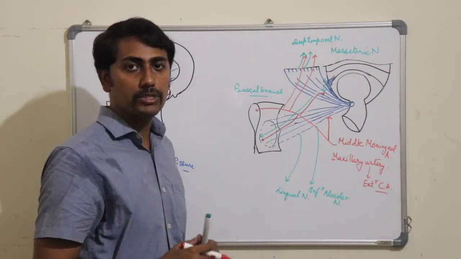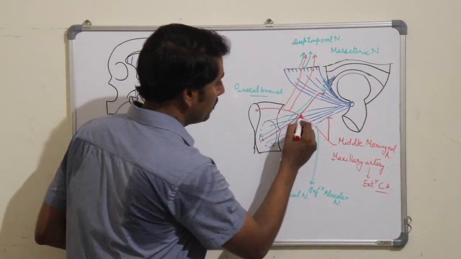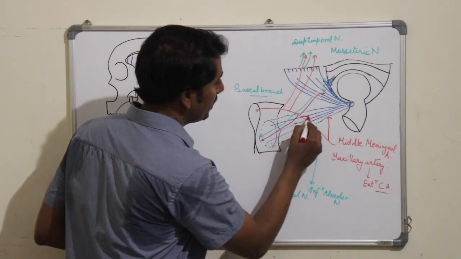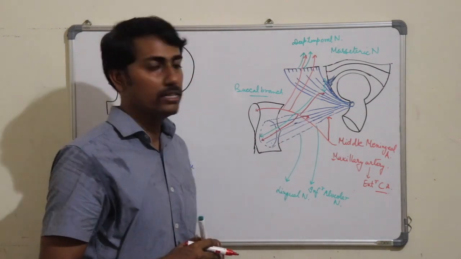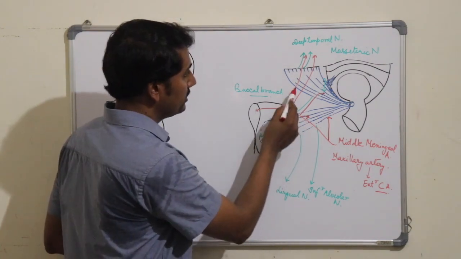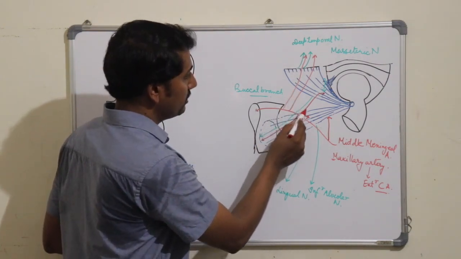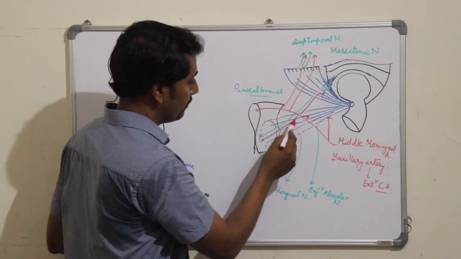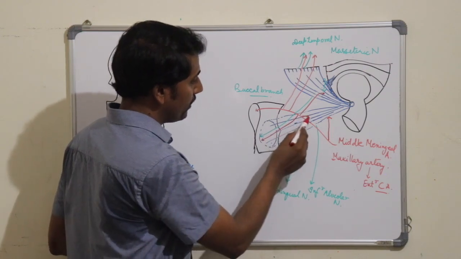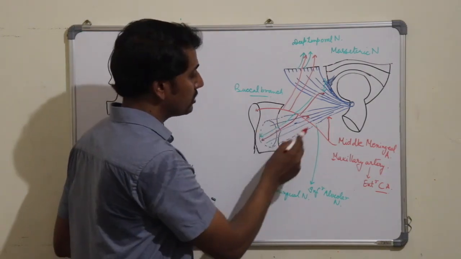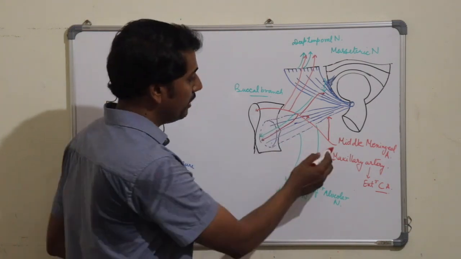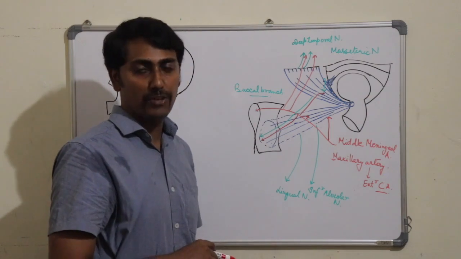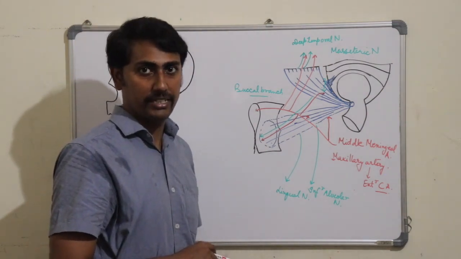And there will be some small pterygoid branches, which will supply the lateral pterygoid as well as the medial pterygoid muscle. Okay, so these four, that is the deep temporal arteries, the masseteric artery, the buccal artery, and the pterygoid branch are the branches from the second part of the maxillary artery, and the medial mandibular artery was the branch from the first part of the maxillary artery.